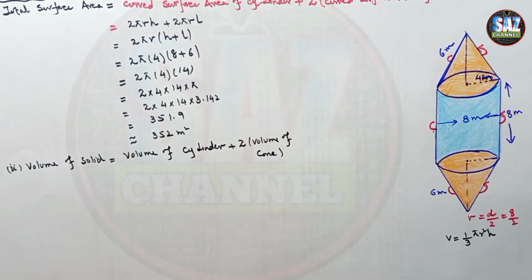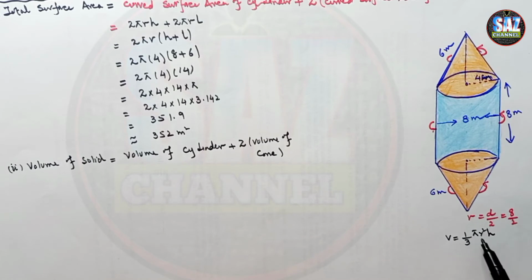Now what we can do is that we can see that formula for the volume requires a height as well. So first of all we have to find the height of cone.